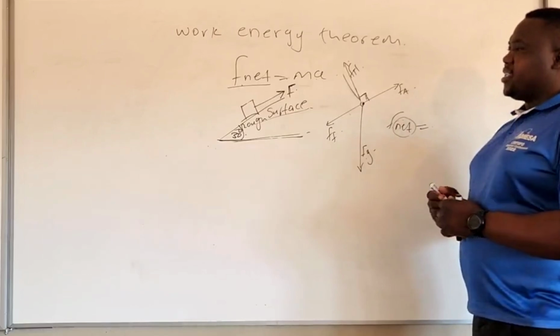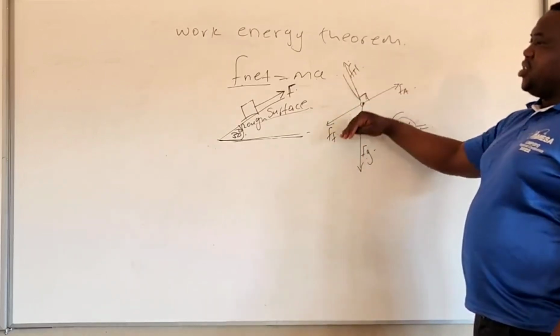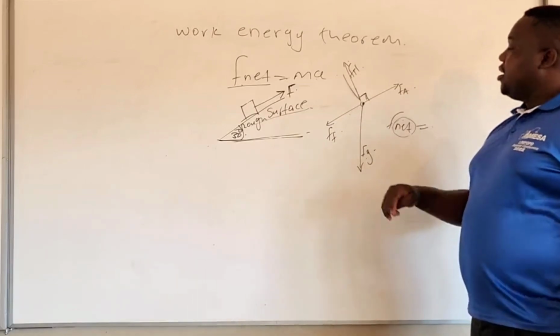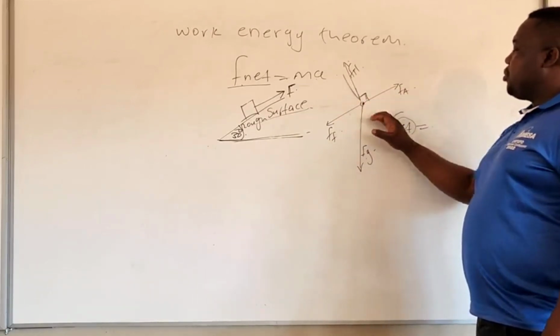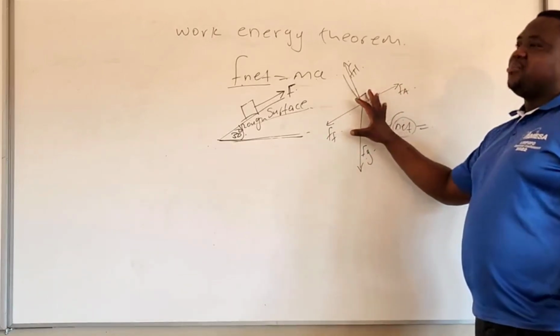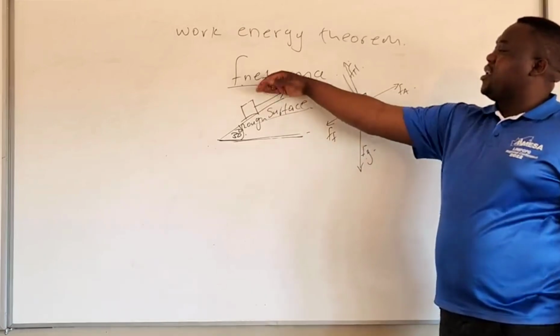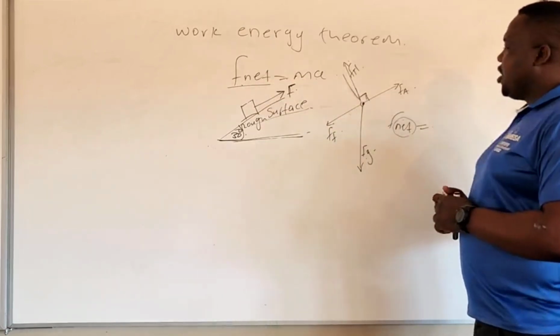It will depend on the direction of where the object is moving, because we know that this gravitational force may produce components parallel and horizontal. I won't explain that because I just want to explain the net force. Net force is the sum of all the forces which are acting on an object.